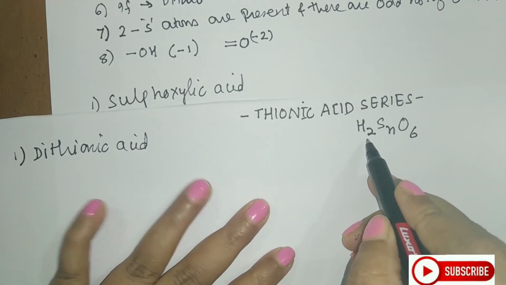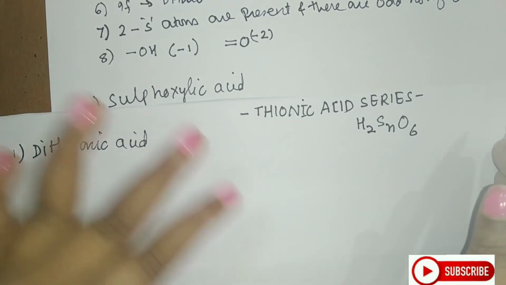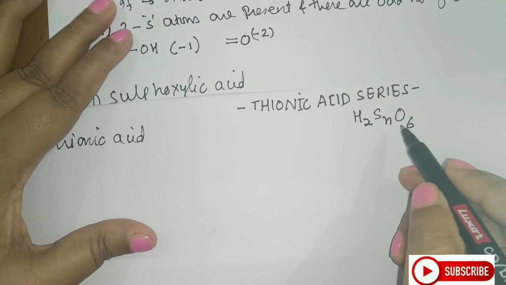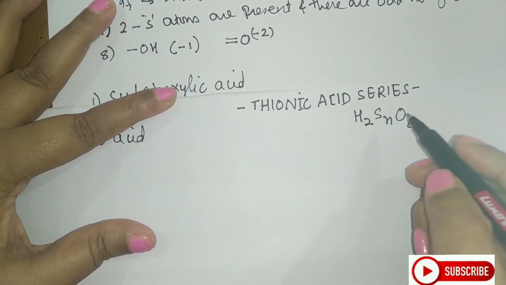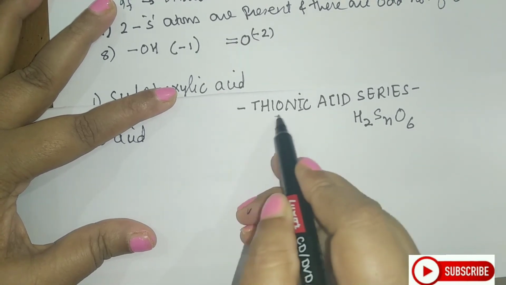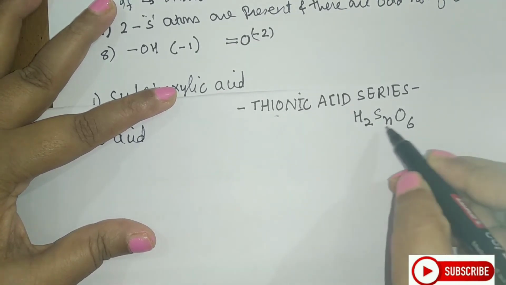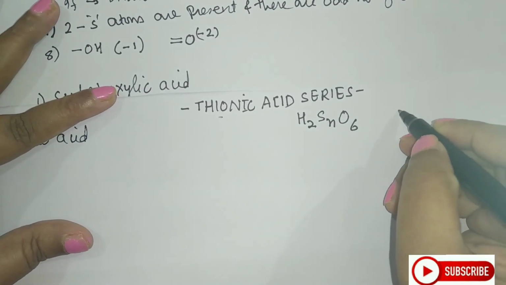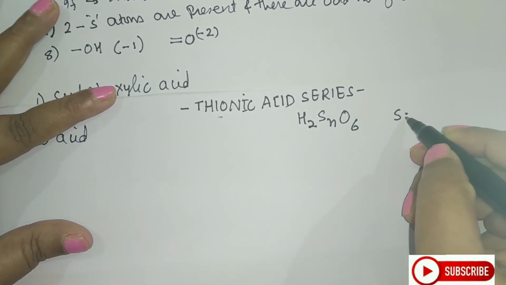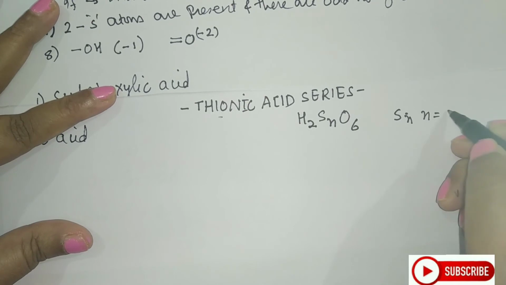So the number of hydrogen and number of oxygen remain same. Now if n becomes 0, means sulfur won't exist, this won't be an acid. If n becomes 1, you cannot have the word thio here. So the minimum requirement for this n is 2. So this n must have a value where n is equal to 2, 3, 4 and so on.